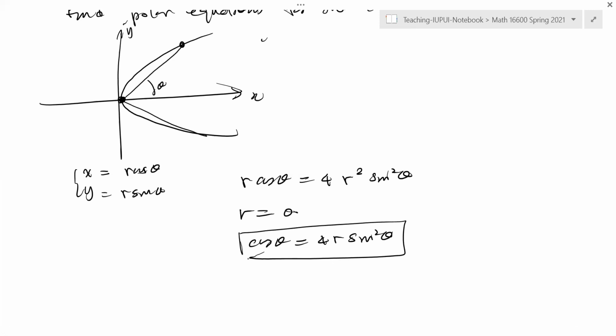Can I figure out what is the possible value for theta? Clearly for the top part, theta is between 0 and pi over 2.